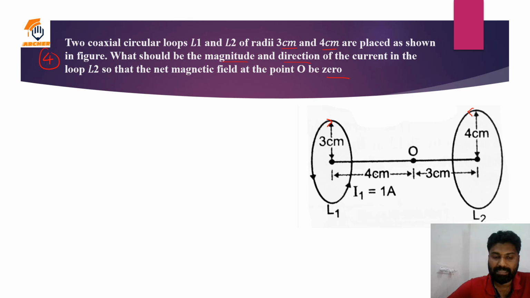So we can write the magnetic field due to current I1 here and current I2 here. B due to I1 in L1 is equal to the magnetic field due to I2 in L2.